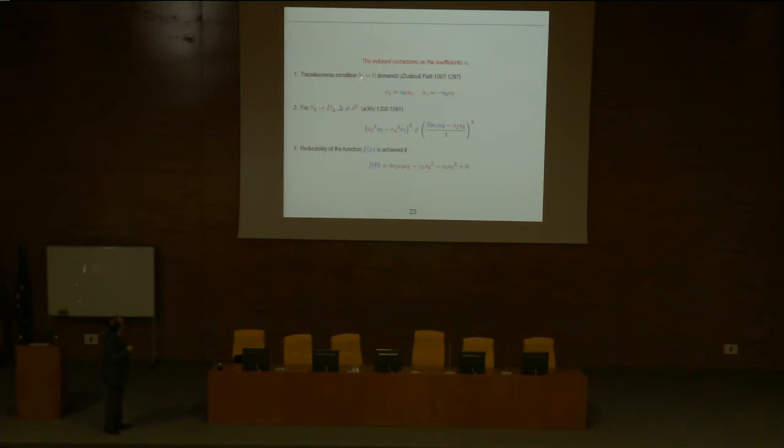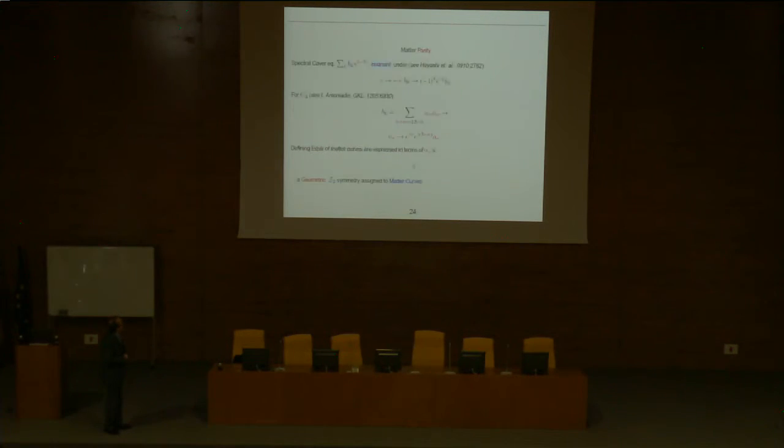First of all, the tracelessness condition, b1 equals 0, and this is solved in this nice way here. Also, because of this chain that we want to go, we have to respect this constraint. And finally, for the reducibility of the function f(x), one possible condition is this one that you see here.